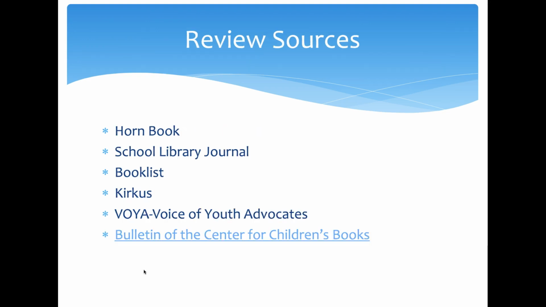So when you are ready to add to your collection, here are some review sources that are good to keep in mind. Hornbook is a smaller review source that doesn't review everything.